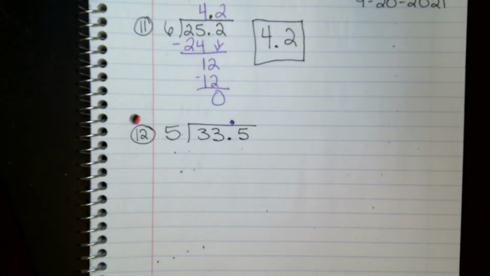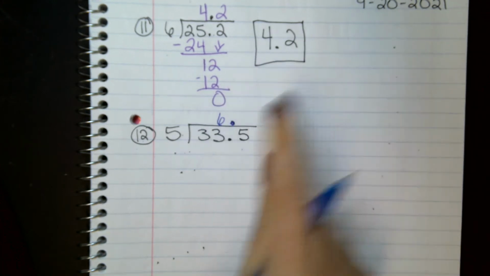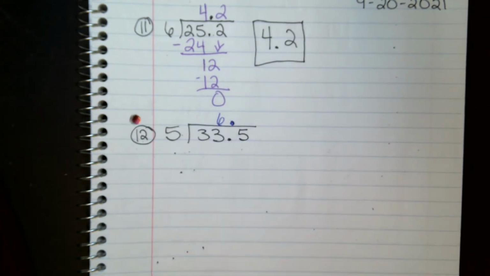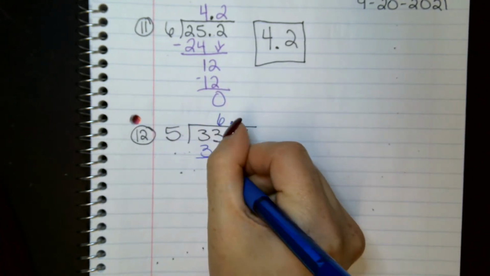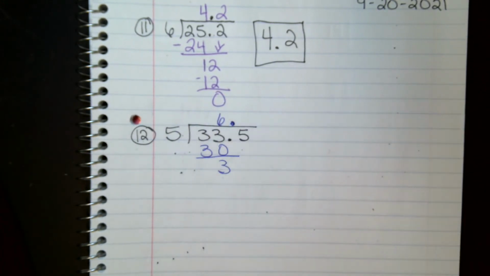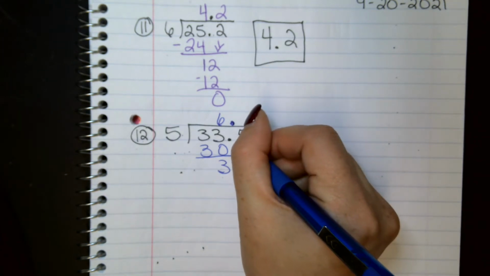5 goes into 3 how many times? Okay. 5 goes into 33 how many times? 6. Awesome. What's 6 times 5? 30. Next step is to do what?